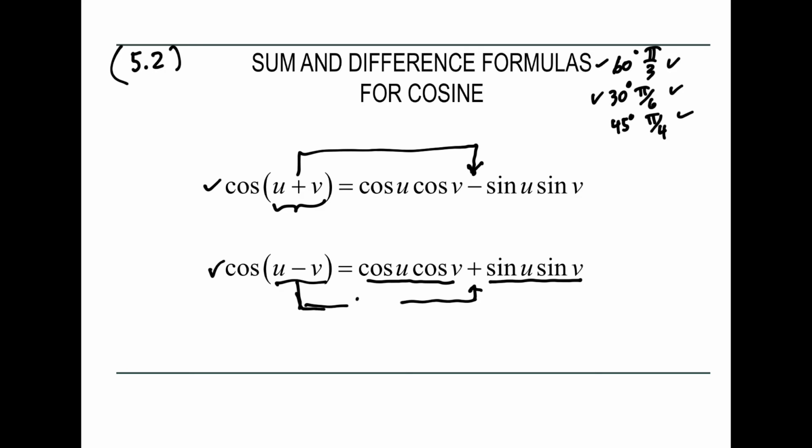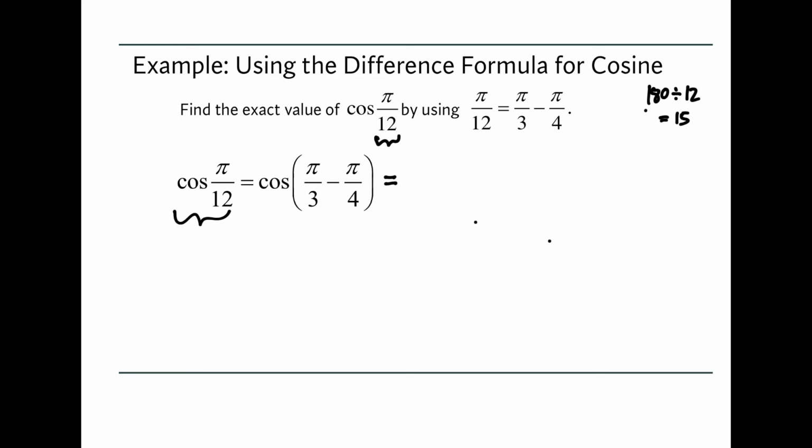If you look for these little patterns, they can help you remember that the sum and difference formulas for cosine always use cosine first, and then they either subtract or add the sines of the two angles, the opposite of whatever we're doing. If we're doing a subtraction, we're finding the sum. If we're doing a sum, we're finding the subtraction. Keeping that in mind as I go through this, I don't have to constantly look back.